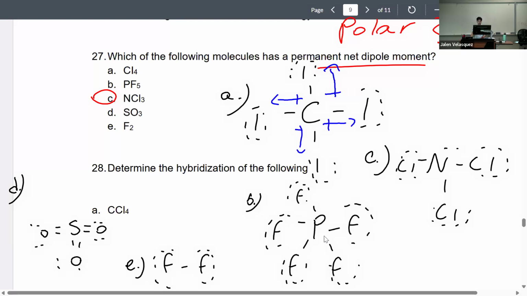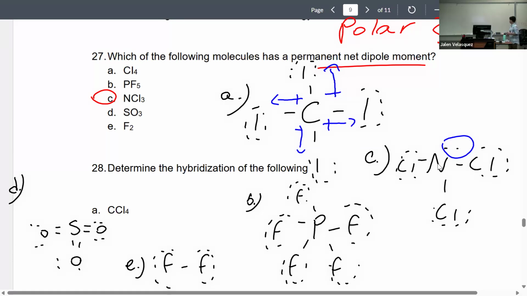Same thing with B, PF5. It's polar, but all in opposite directions with equal strength. So polar bond, but non-polar molecule overall. NCl3, this is polar, okay? Nitrogen and chlorine is polar, and a big giveaway here is this lone pair. We know that NCl3 is a trigonal pyramidal shape.